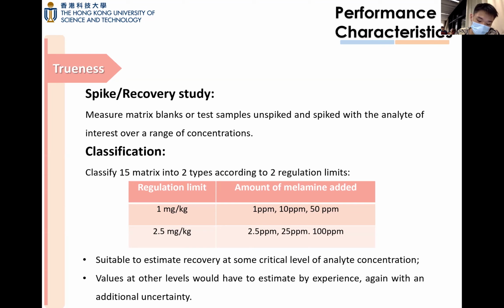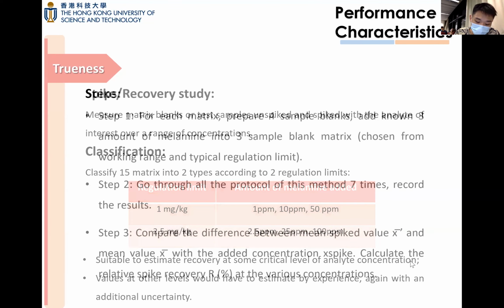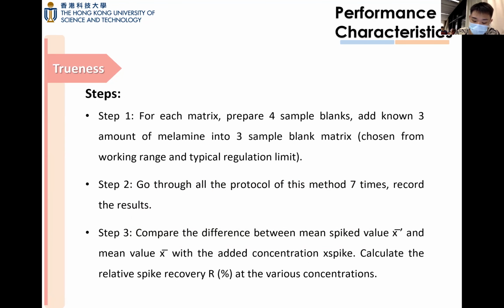In default of complete coverage, it may be suitable to estimate recovery at some critical levels of analyte concentration, for example, at the regulatory limit. I classified 15 matrices into 2 types according to 2 regulation limits, and 3 steps to calculate the relative spike recovery at the various concentrations.